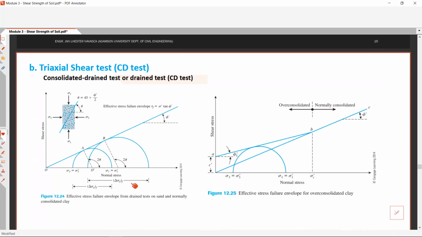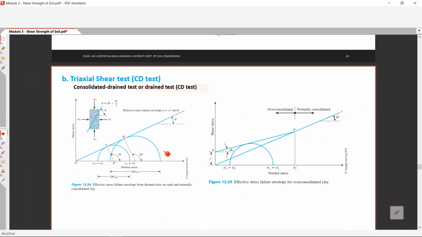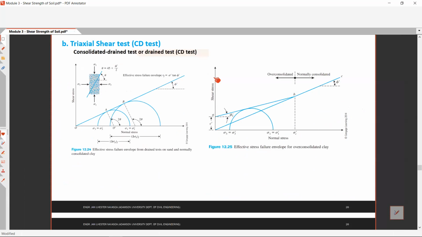And that is also the diameter of your Mohr circle in this one. Okay. So more on this if we try a sample problem next meeting.